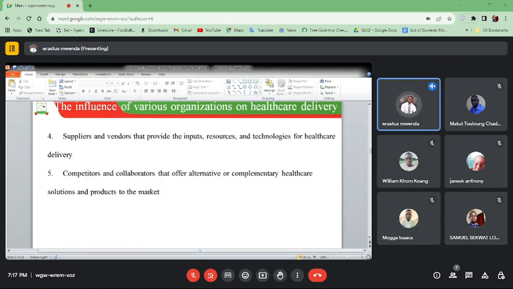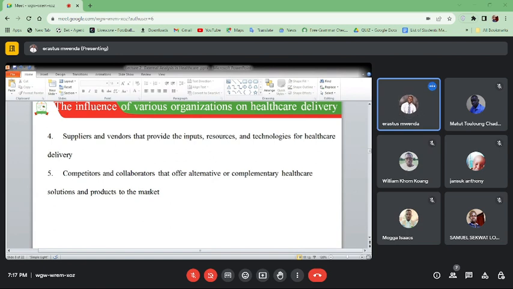Very importantly, the fourth one and very key organizations are the suppliers and vendors. These are very key in terms of inputs. Inputs are the things that we need to be able to put into our organization. It could be drugs, it could be some form of raw materials.